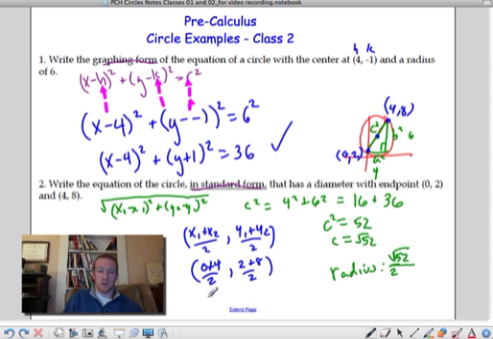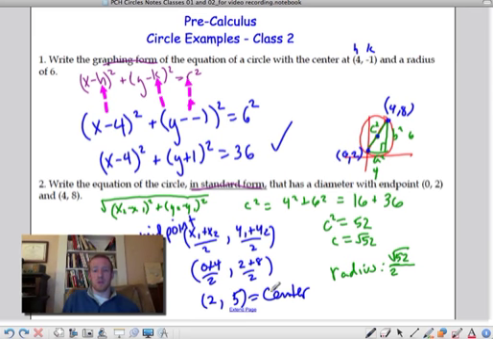So we have 4 over 2 is 2. And then 2 plus 8 is 10. 10 divided by 2 is 5. So that's our center. So the midpoint of a diameter gives us our center, and then once you find out the distance of the diameter, half of that is our radius.